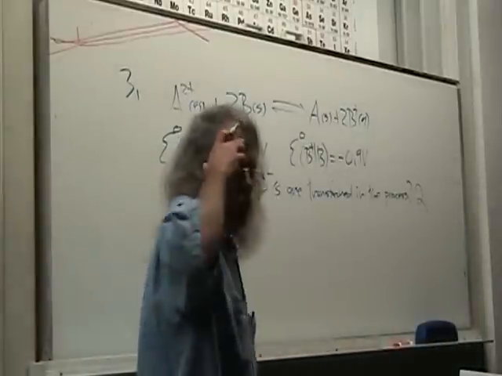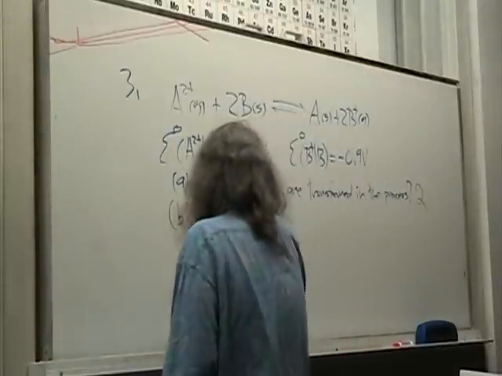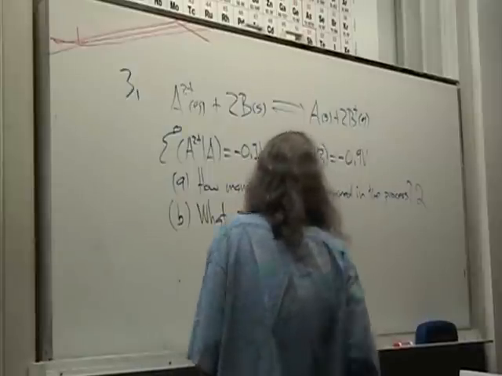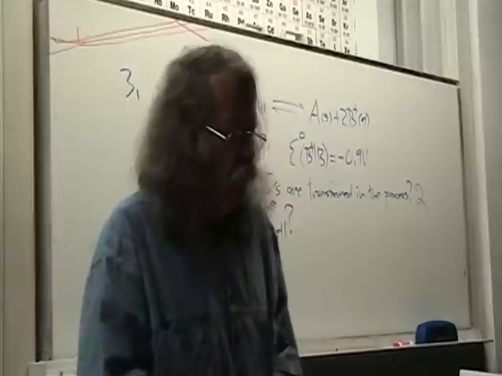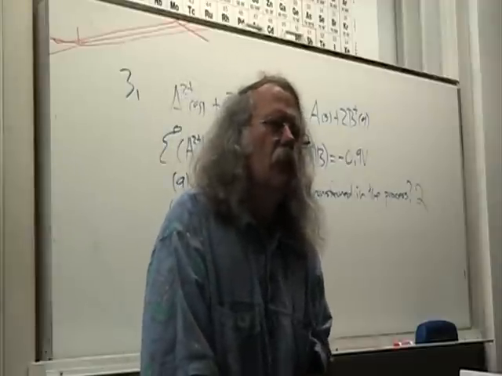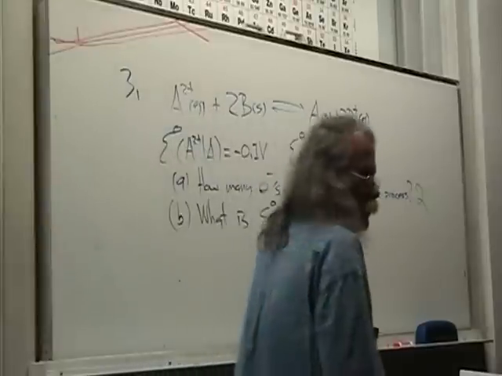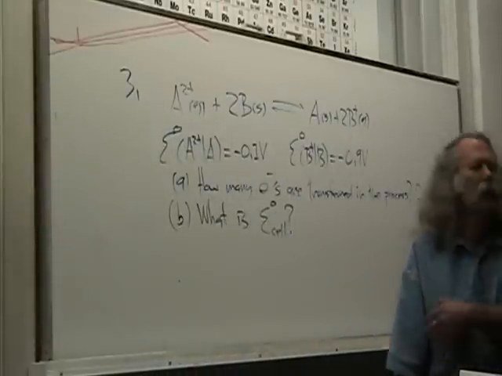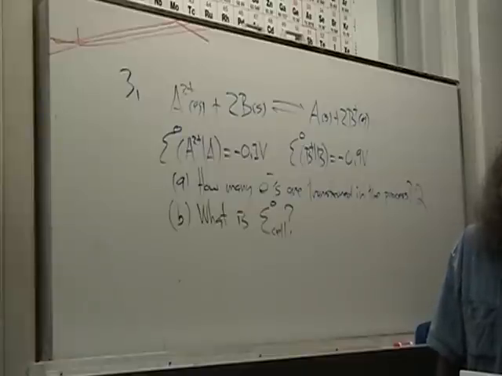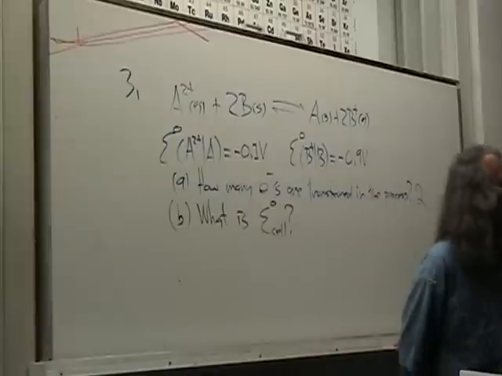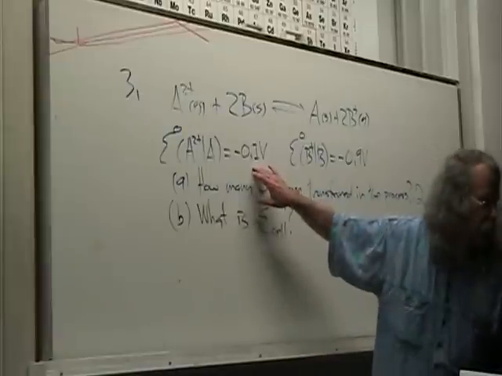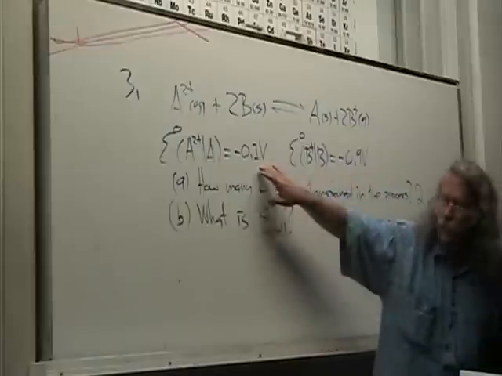Part B: I want to know what the potential of the cell is. How do I handle that? It's going to be the standard potential for the reduction of the cathode minus the reduction potential of the anode, because the anode is reversed. Which is the cathode and which is the anode? The cathode is the more positive one. A is going to be the anode, and this can be the cathode because it has the more positive potential.